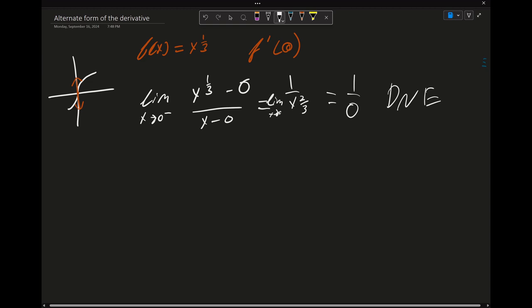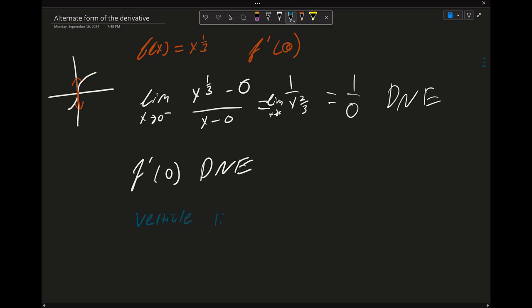So already, we don't even need to take it from the other side, since one of the limits does not exist. Since the limit does not exist, f prime of 0 does not exist. We can see that characteristic in the graph again, that vertical line for the tangent at that point.